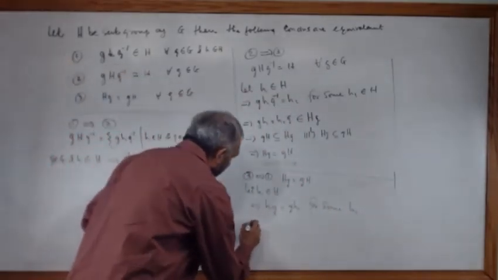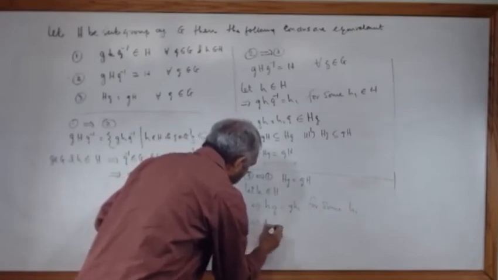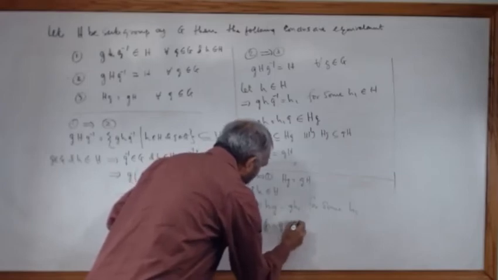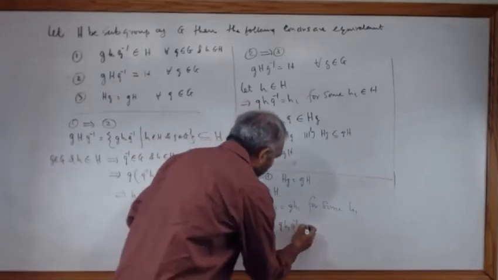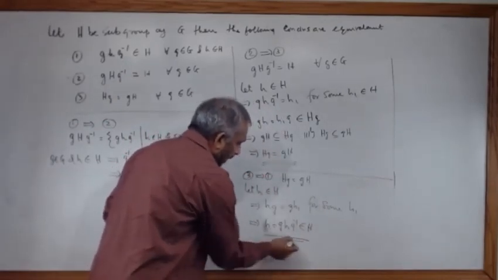So that means h is equal to gh1g inverse, and that definitely belongs to H because this is H, and that's what we want to prove.